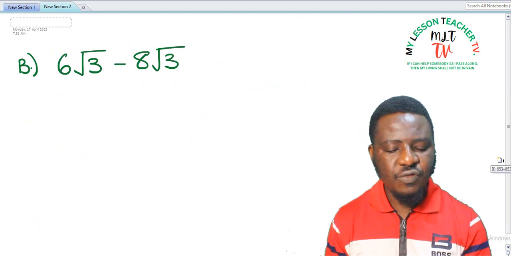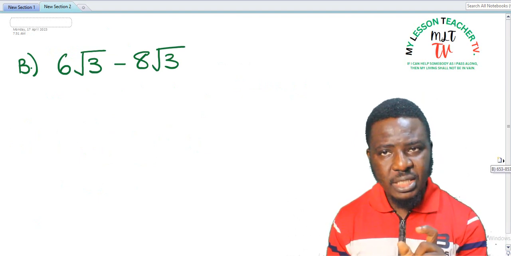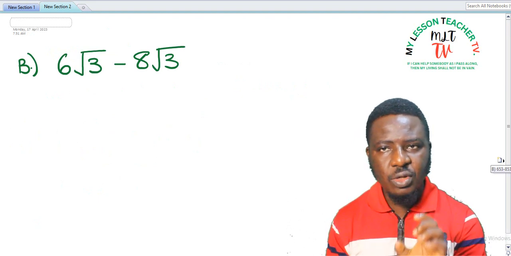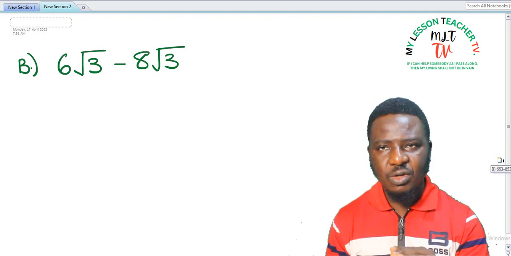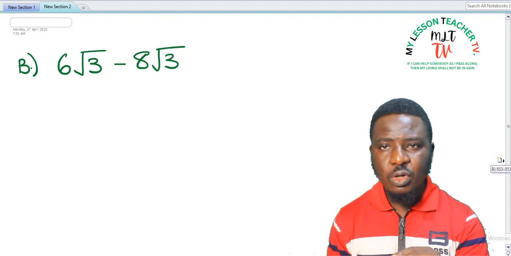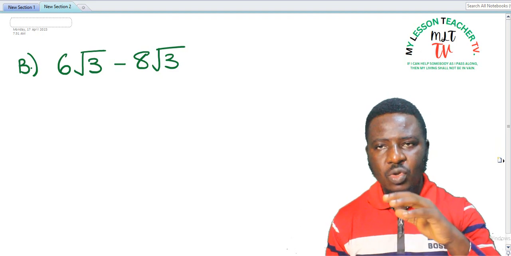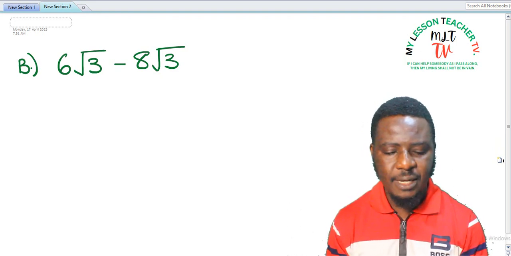B, we have 6 root 3 minus 8 root 3. Remember what I said. First of all, you should ensure that they are all in their basic surd forms before you can simplify. Even though they are not in their basic surd forms, at least they should be similar. That is the aim. If they are not similar, then you can reduce them to their basic surd forms and you may find them to be similar.